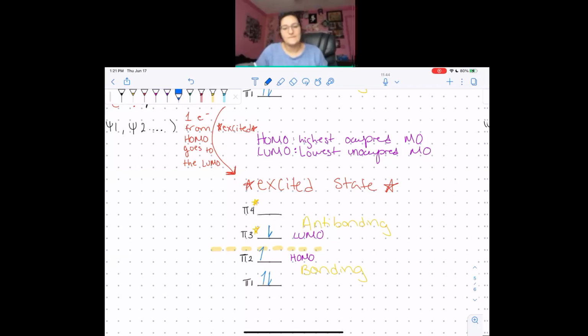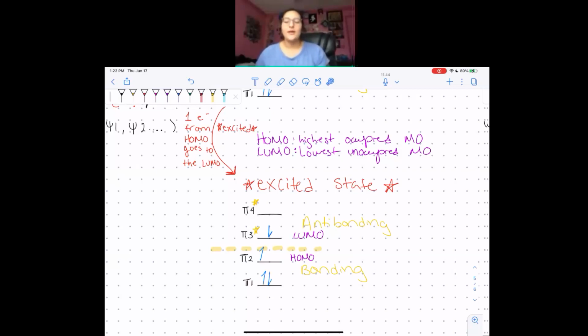So, now that there's an electron here, do we have to change the HOMO and LUMO? Because remember, it means highest occupied and lowest unoccupied. So are we going to change the names? So a couple people said yes, right? Because that's kind of obvious. That makes sense. But no, it's not going to change because chemists hate us, right?